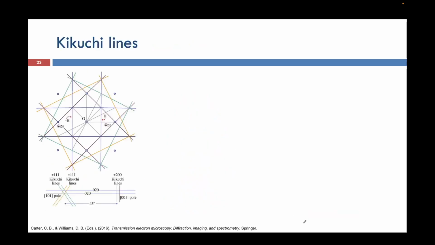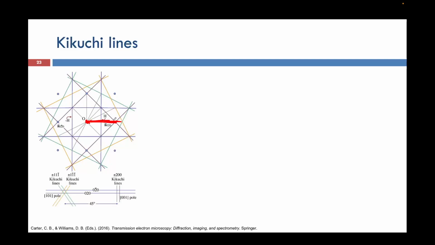So how do we index the Kikuchi lines? Just for your information, we can take any diffraction pattern, and let's say this is the 000 point, and we can map the distance between them and the perpendicular bisector.